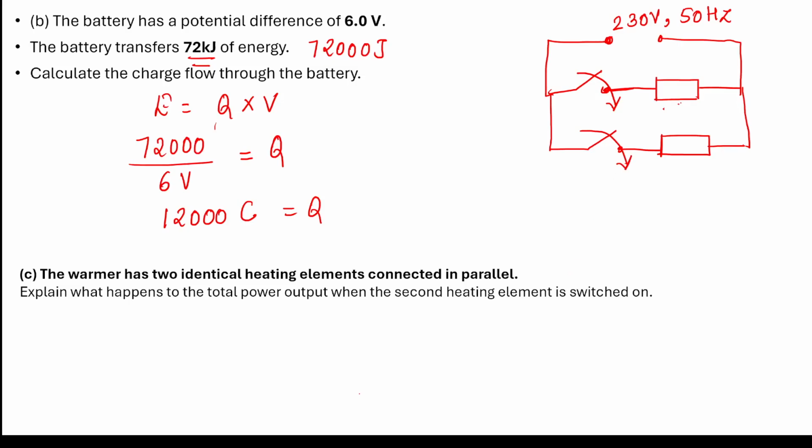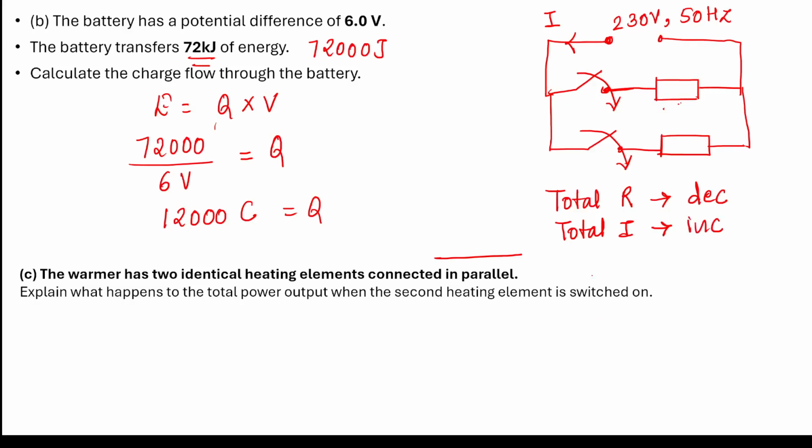Now what this is interested in knowing is whether you can understand that in parallel the total resistance always decreases. Now once the total resistance decreases, what would happen to the current that comes from the supply? The total current is going to increase because supply potential difference is same.